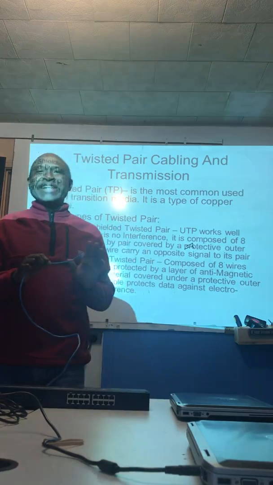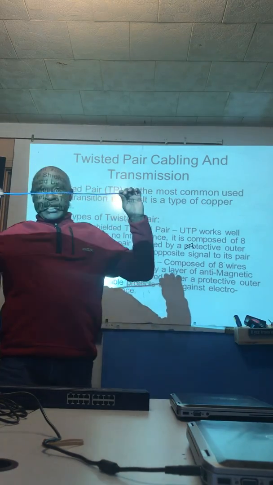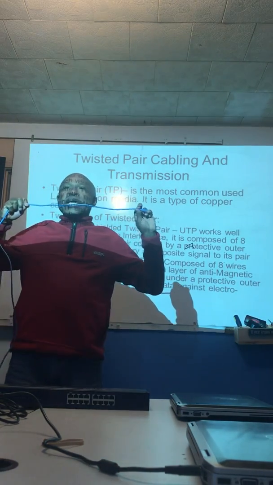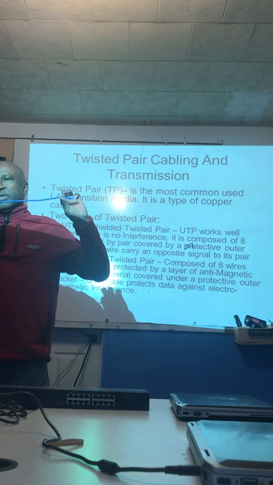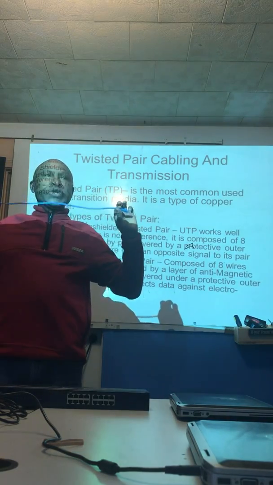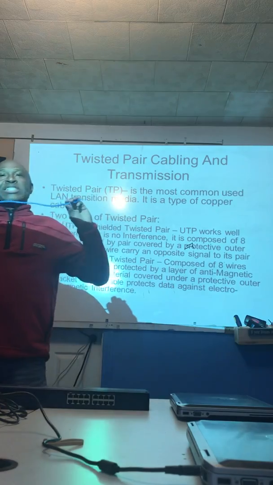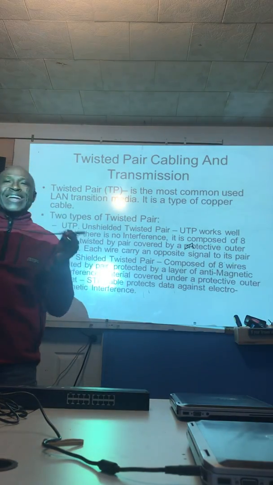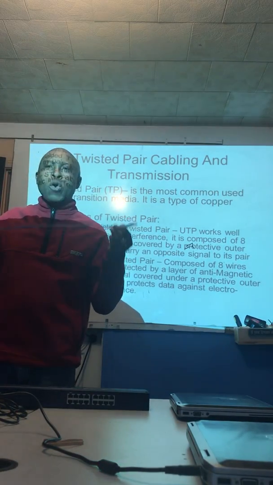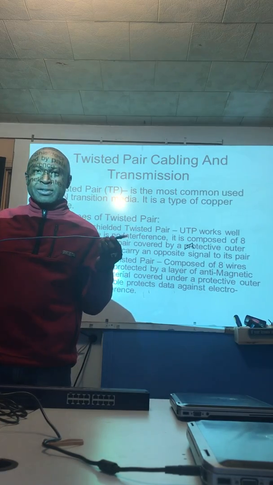So let me explain that again. There are 2 types of cable. The unshielded twisted pair, which is the UTP, does a good job where there is no electromagnetic interference.